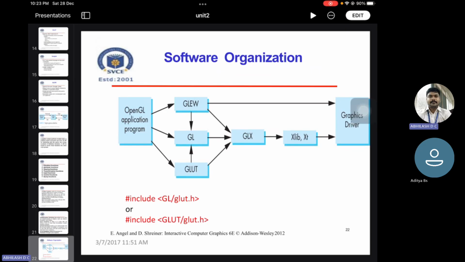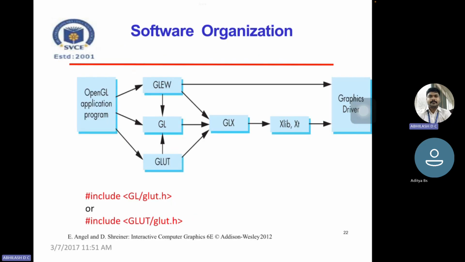So next comes the organization. You should see here on the right hand side, we have the graphics driver, right? For any machine to run, we need a driver, right? On the left side, we have the application program. We are writing some application programs where we may use the extension wrangler, that is GLEW, the graphics library, and we also have the graphics library utility toolkit.